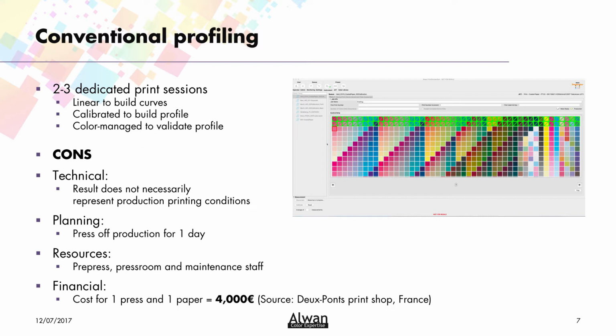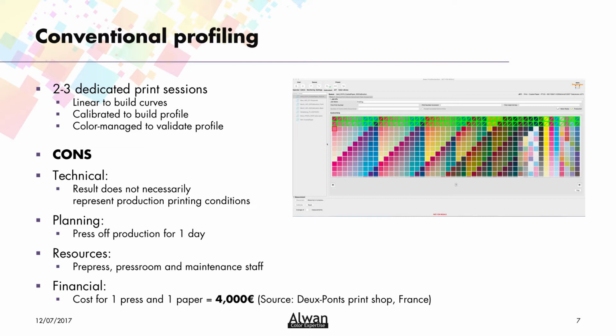If we take conventional profiling, which is the way you and I have been doing profiling for years, not to say decades, to profile a press, we need 2 to 3 print sessions, right? The first print is with linear curves, so we can generate tone reproduction curves that correct for the press natural tone reproduction curves in order to match either ISO TVI or G7.